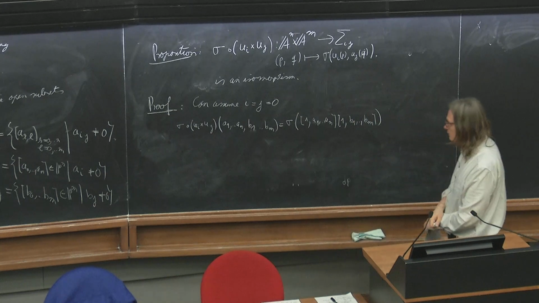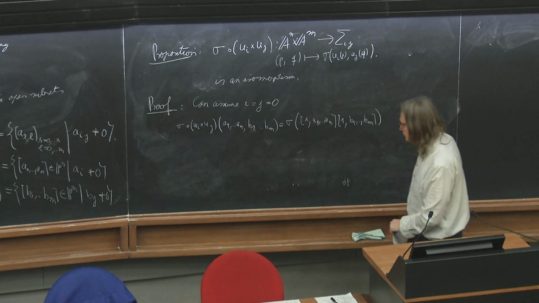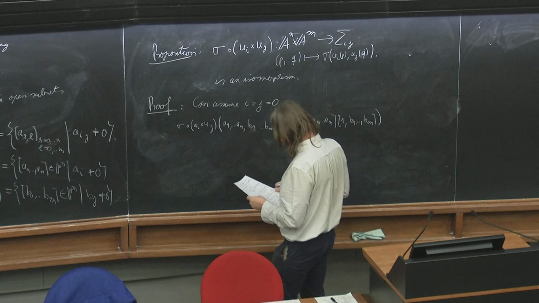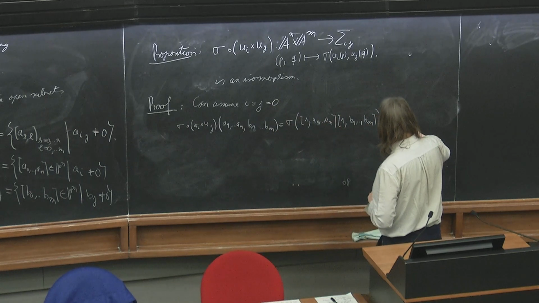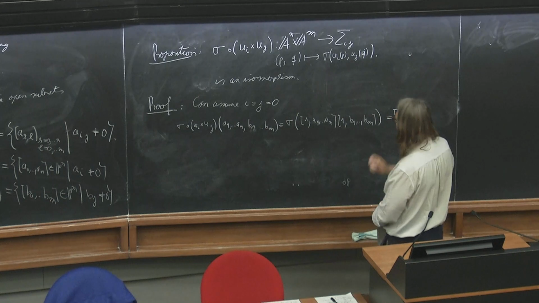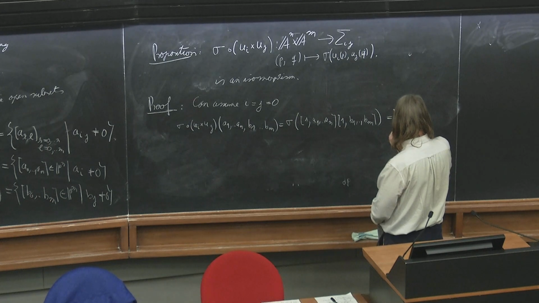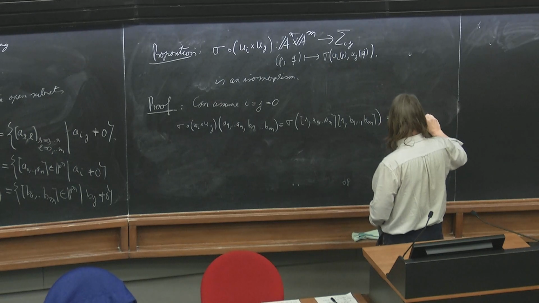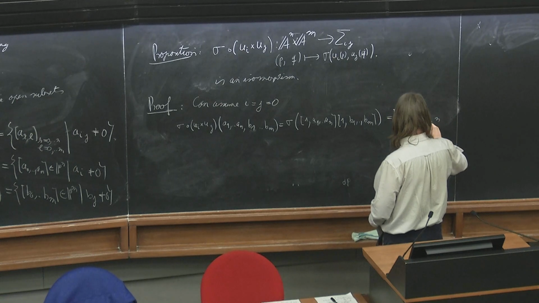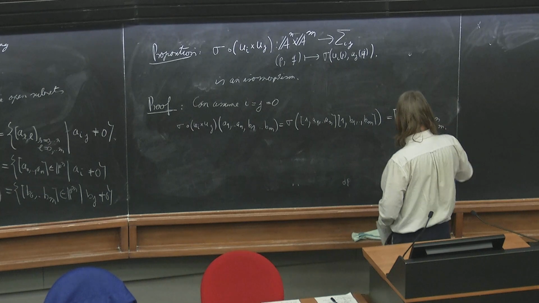And now sigma is you take all possible products. So this will be some vector in the projective space P^N, large N. So it's C_ij, i from 0 to n, j from 0 to m.